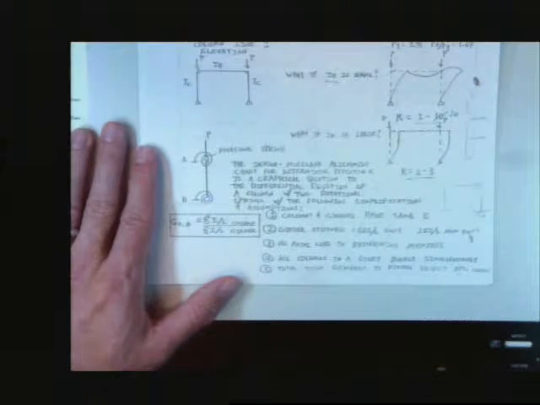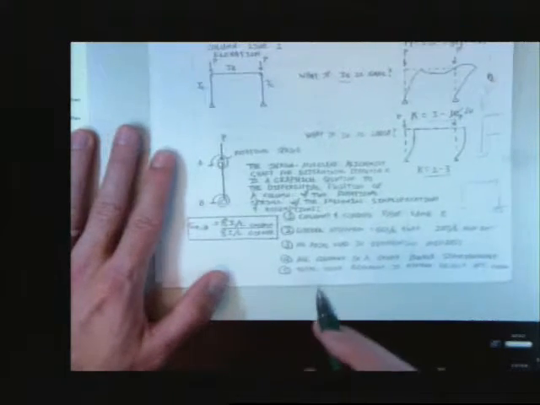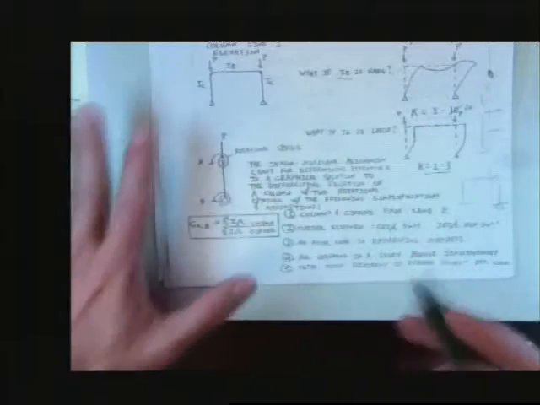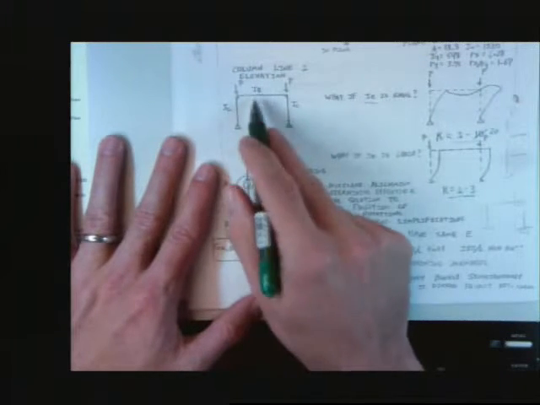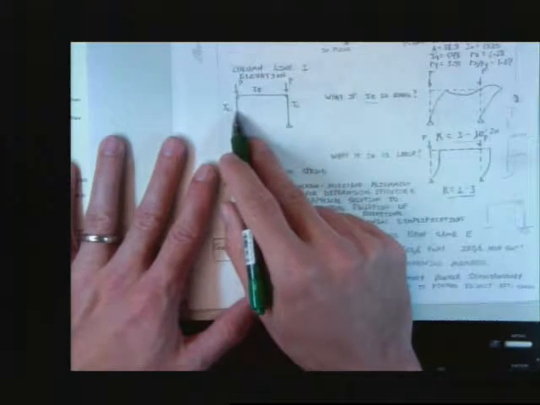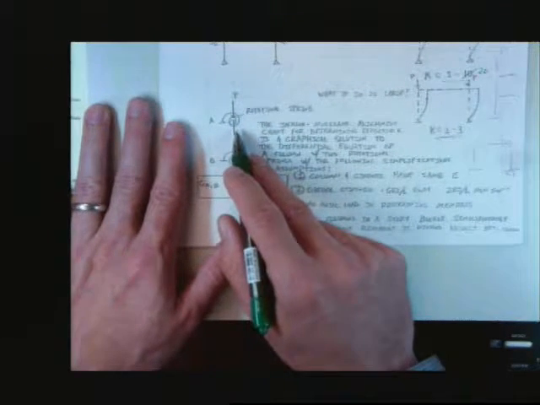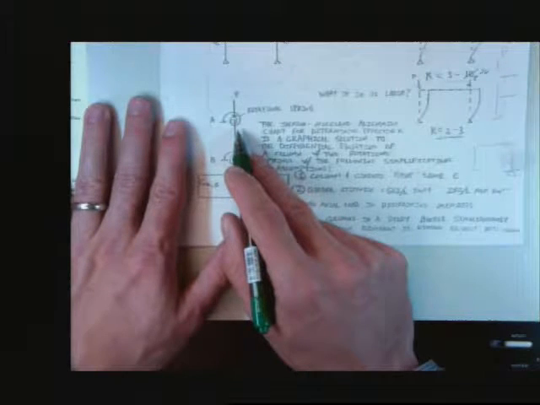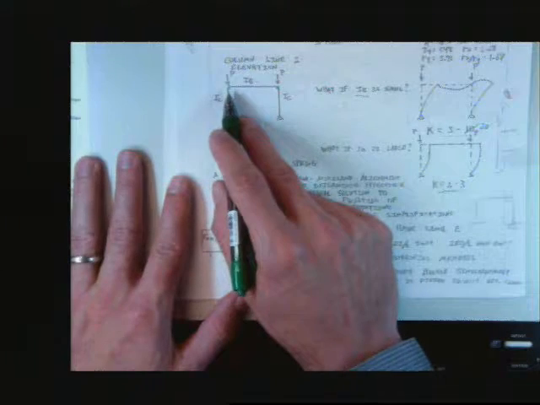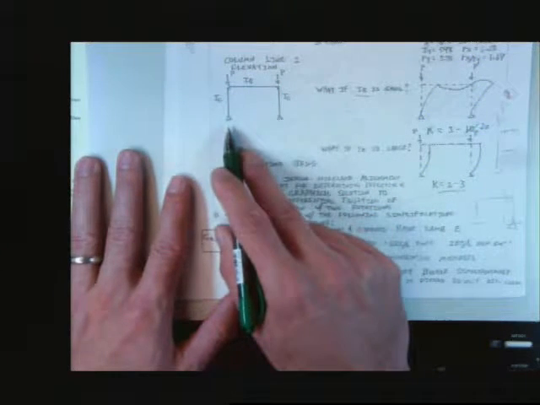And how do we know what it's going to be? Well, what we actually have to do is look at the stiffness of the beam compared to the stiffness of the column. And we have to turn it into an equivalent rotational spring. We have to come up with an equivalent rotational spring for the top and an equivalent rotational spring for the bottom.